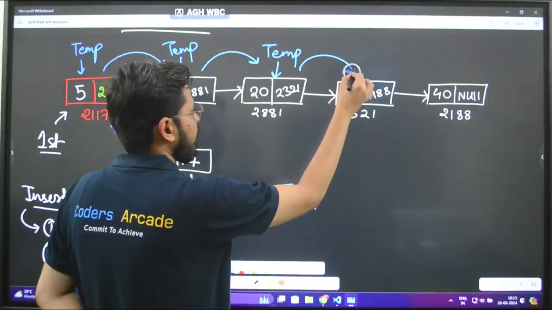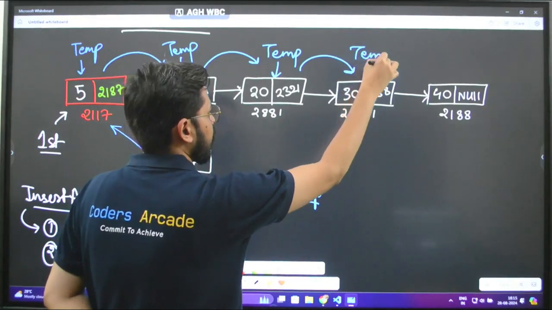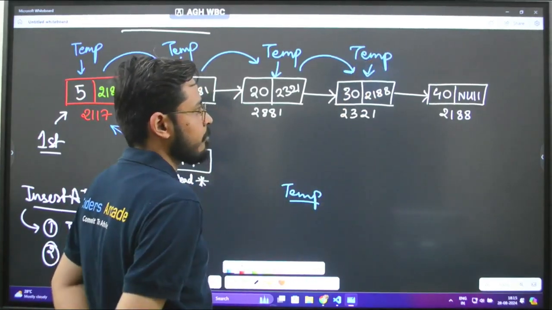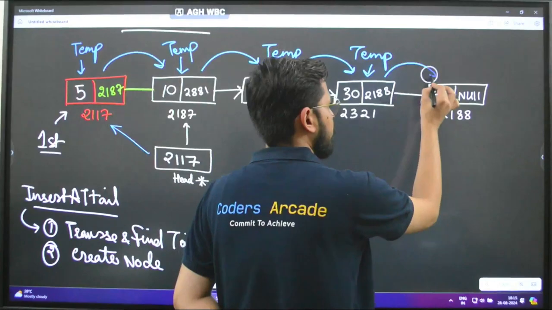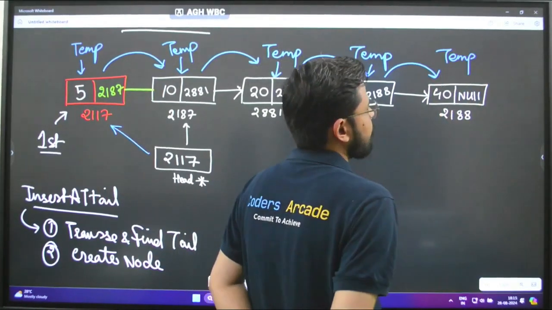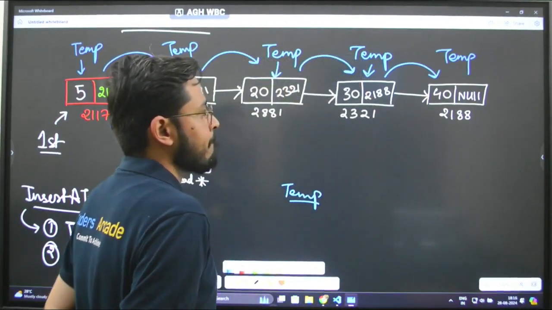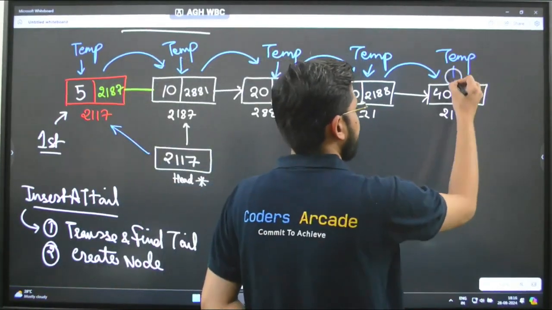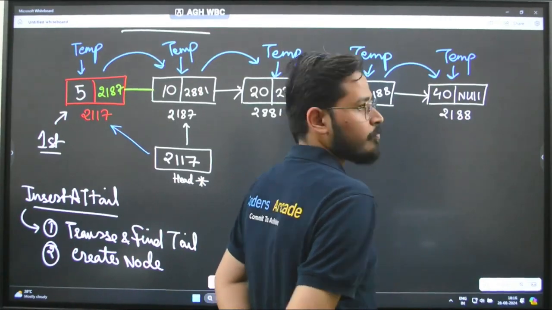Then I will go to the next node, temp came right here. Then I went to this node, temp, actually right here, correct. Understood?